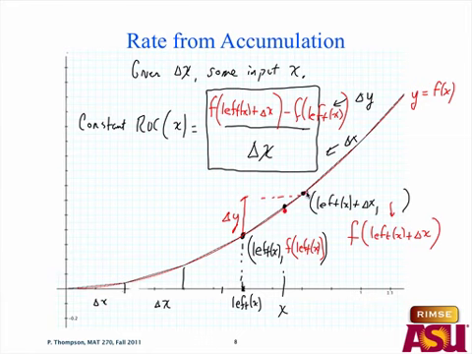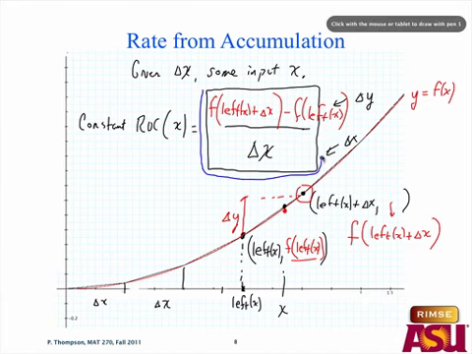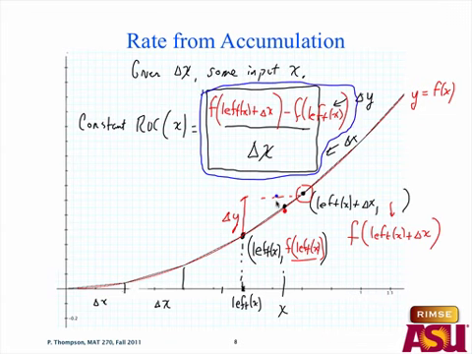It's the y coordinate at the end of the interval, which is f of left of x plus delta x, minus the y coordinate at the beginning of the interval, which is f of left of x. So given any delta x and picking any x coordinate anywhere, that will get us this approximating rate of change of the constant rate in that interval.